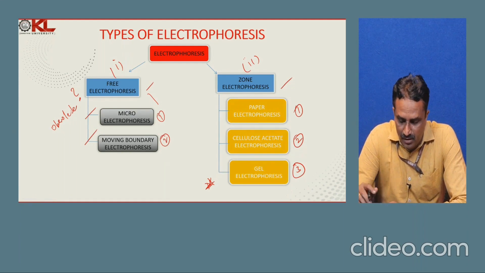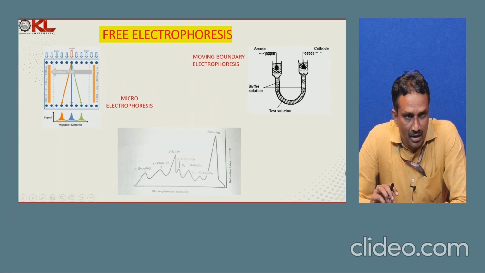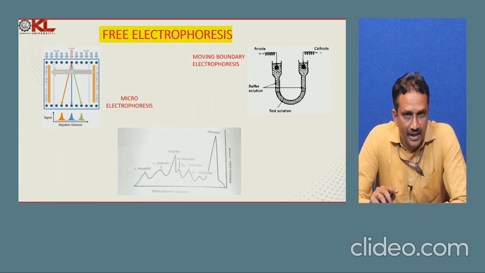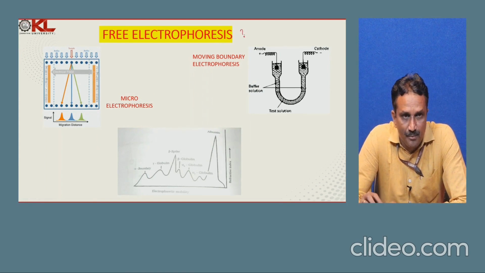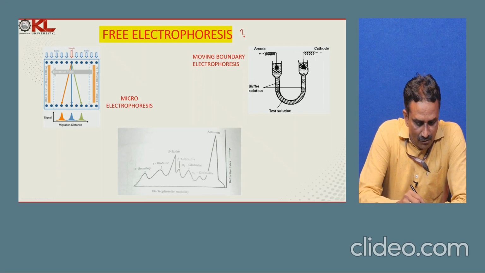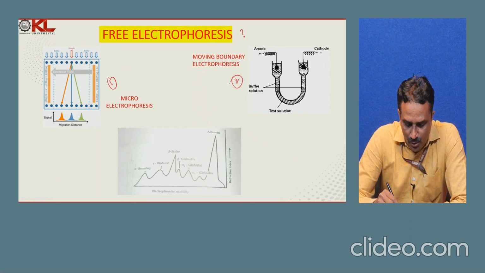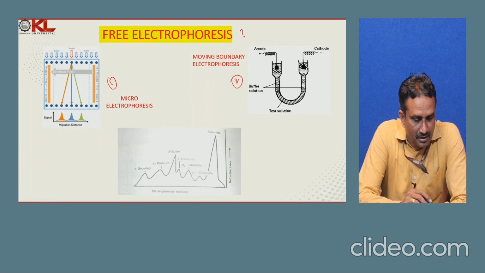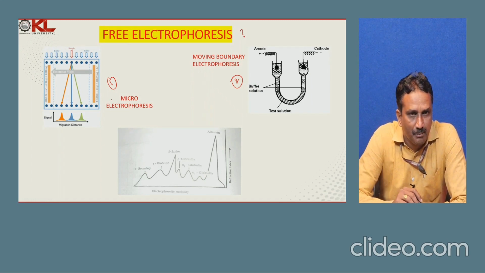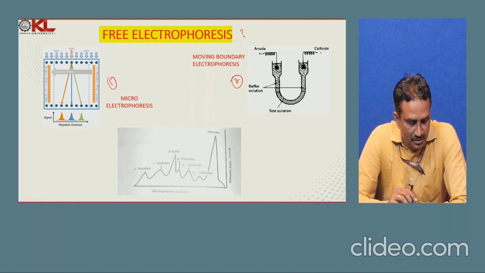Now let us talk in brief about free electrophoresis, although this is not being widely used. One is microelectrophoresis, the other is moving boundary electrophoresis. There will be no stabilizing medium in either the micro or moving boundary type of free electrophoresis.